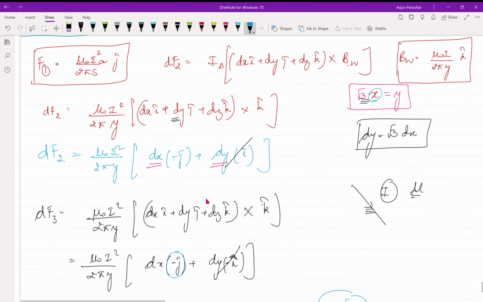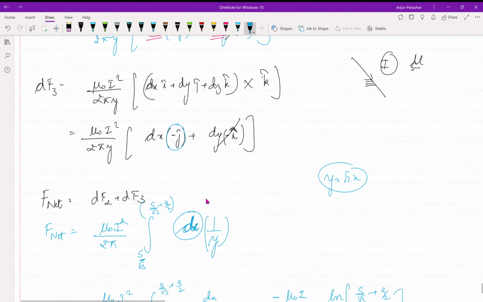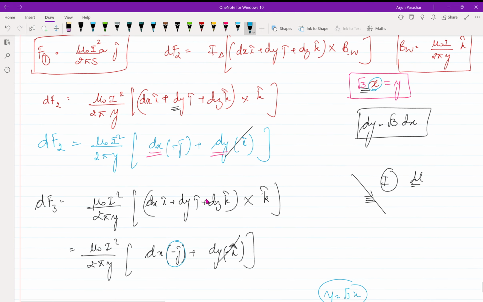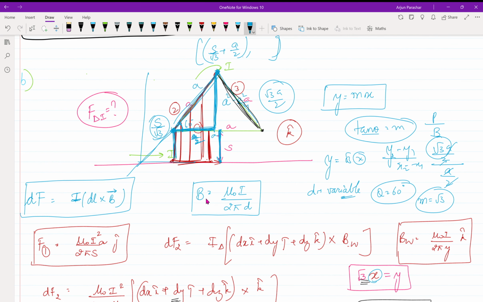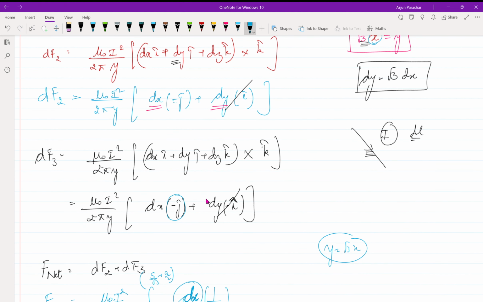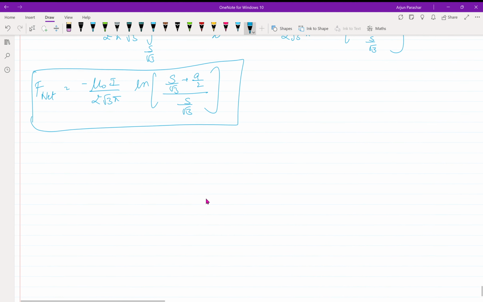I recommend you watch the video and try it by putting dy here. How can you do that? You just take this as 2 and this as 3, and then calculate by taking the current opposite, and it will help you take the dy coordinate, the small length. So that's all for this video.